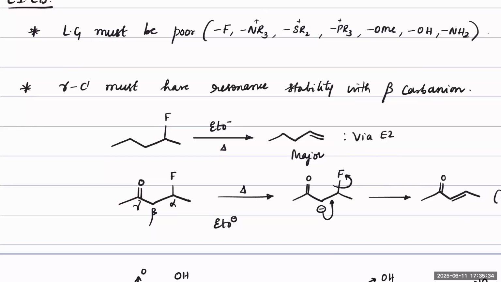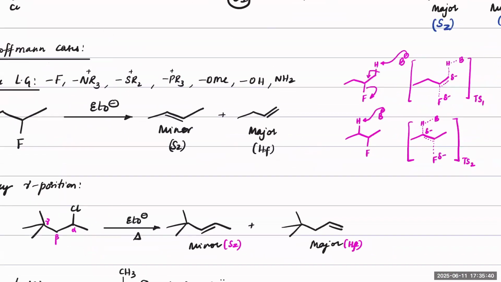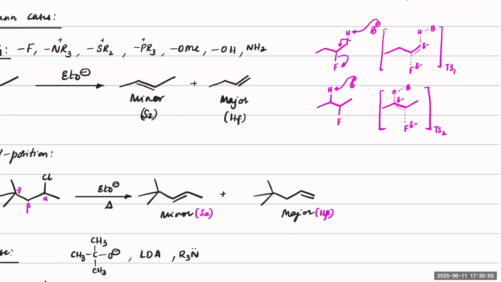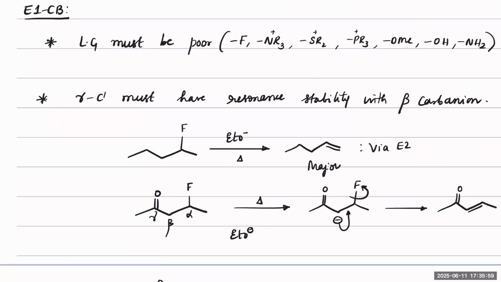Unlike the earlier cases, if you notice here when I wrote, I did not write a complete negative charge here. I didn't write a complete negative charge here. Correct? I said it is an E2 mechanism, but E2 with carbanion character is observed in this mechanism. But it is not a complete carbanion. But E1cB differs there. In E1cB, you will have a complete carbanion formation.